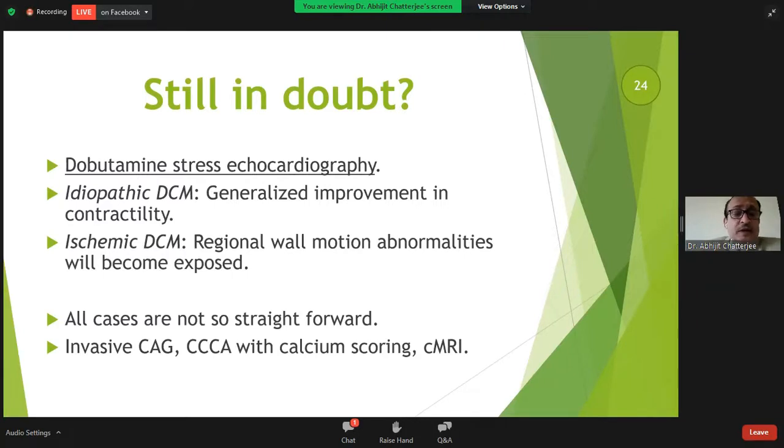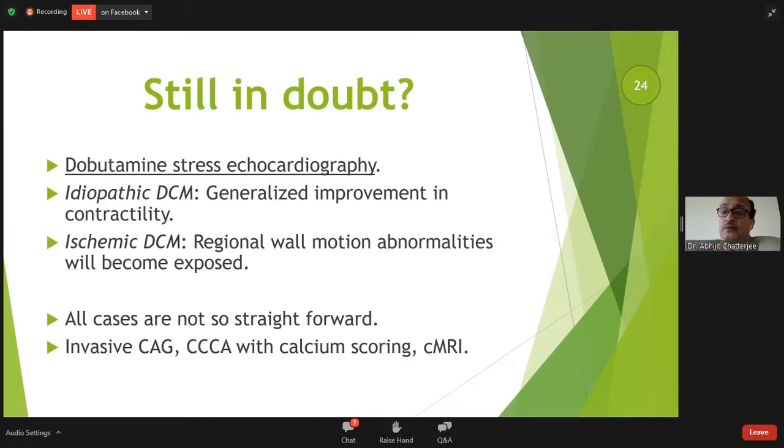However, all cases are not so straightforward. The gold standard, of course, is invasive coronary angiography, but then you can use CT angiography with calcium scoring. A calcium score more than 400 Hounsfield units strongly suggests that the patient has got obstructive coronary artery disease. And also you can do cardiac MRI.